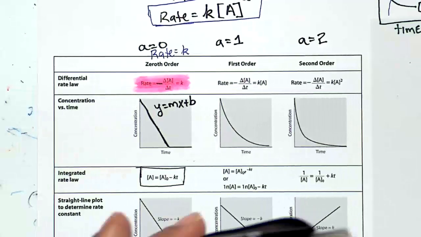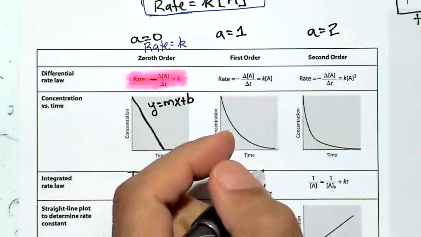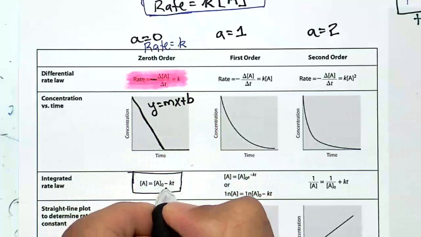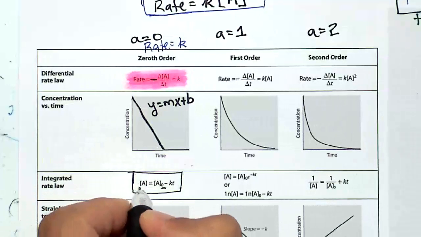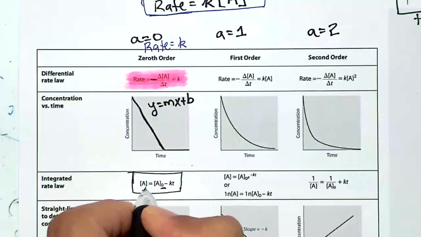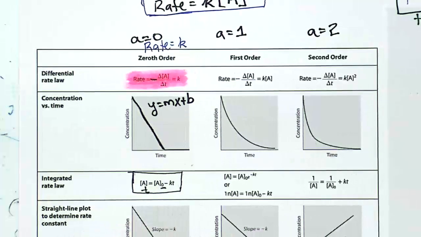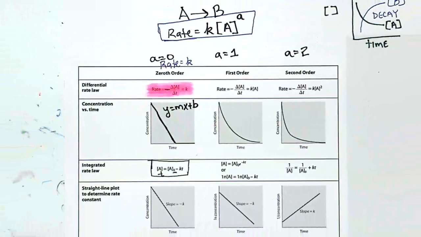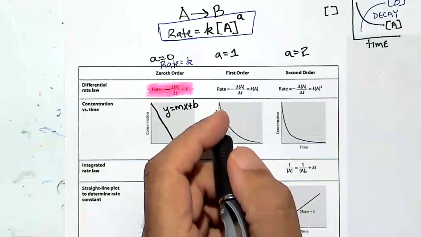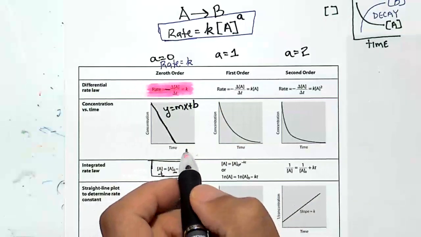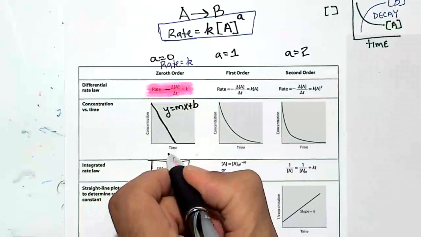So what is A naught? A naught is the initial concentration of A. That naught means initial. And this is A at some time t. What is K? K is the rate constant, what we've been talking about last week. And what is lowercase t? Lowercase t is the time.